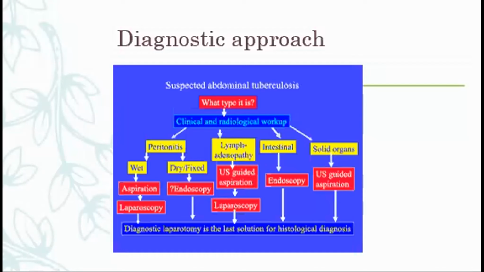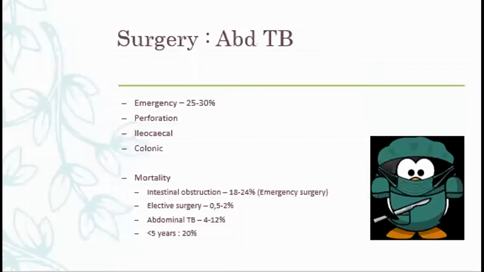With intestinal, you do endoscopy, and with solid organs, you might also consider ultrasound-guided aspiration. It's important to note that even though there are 5 of them, there's also a 6th one, where you suspect abdominal TB but you can't prove it. Then you can have a therapeutic diagnosis. You start anti-TB treatment, and they normally have a rapid response to it, normally within 2 weeks.